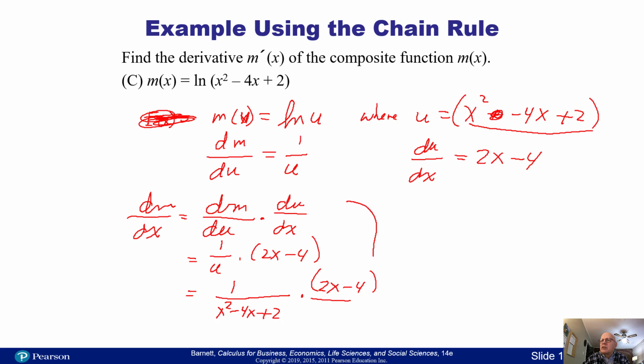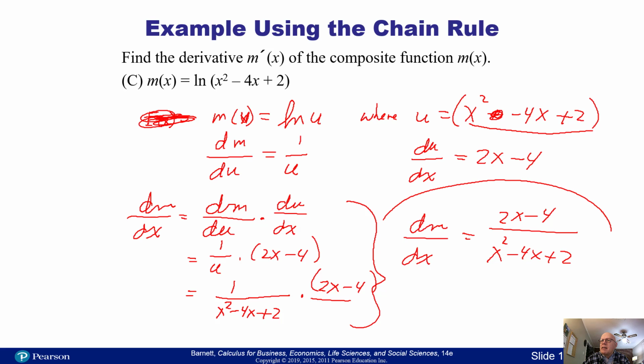So, putting that all together, we've got dm dx equals, now look down here, we've got 2x minus 4 on the top, and we'll have x squared minus 4x plus 2 on the bottom. And there's my derivative. Using the chain rule a little bit different way.